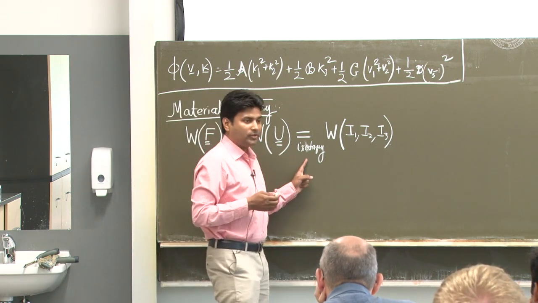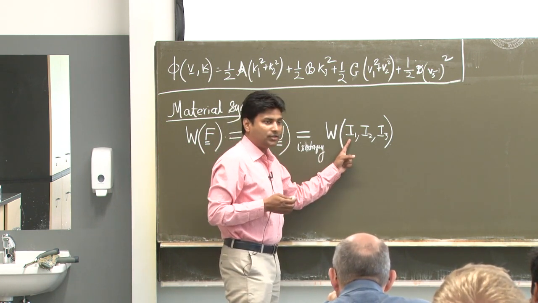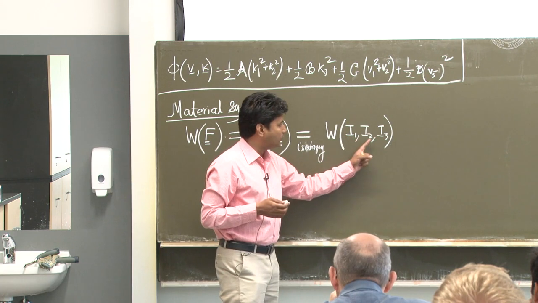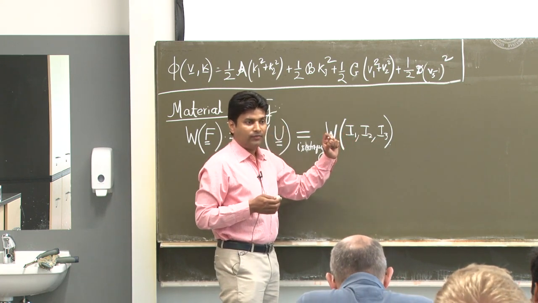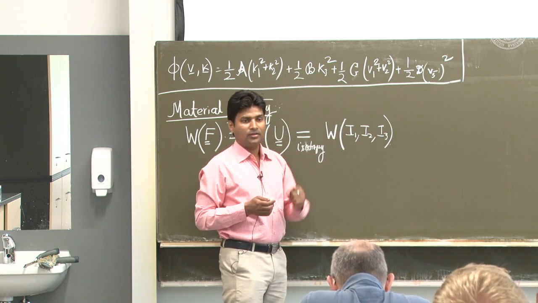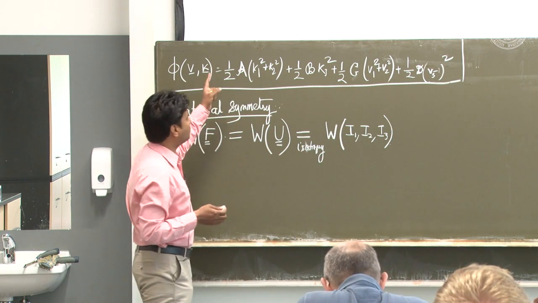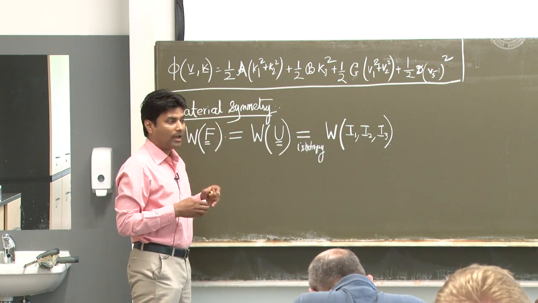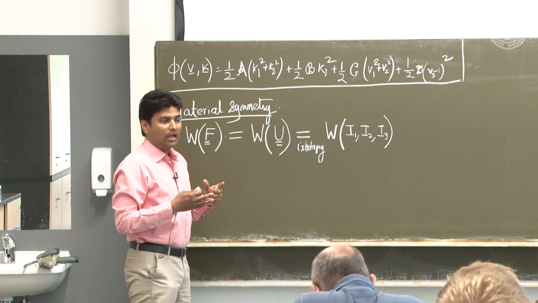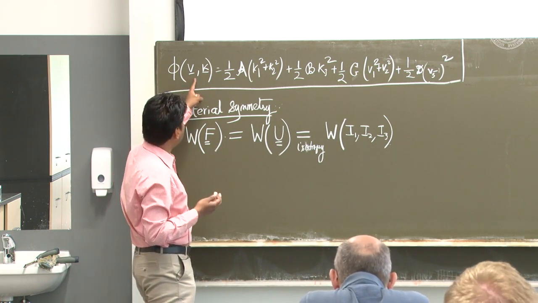So isotropy tells us that the energy would only depend on these three invariants, and if it is, let's say, orthotropic, you get some more invariants. So we want to do a similar thing for the case of elastic rods. We want to apply material symmetry and understand more about how this energy function looks.